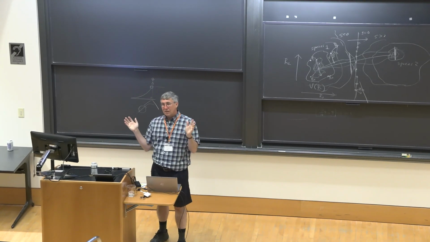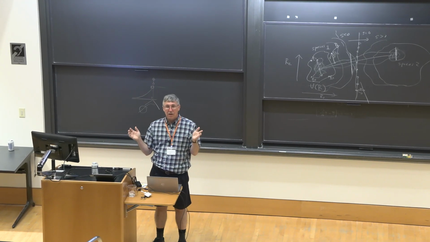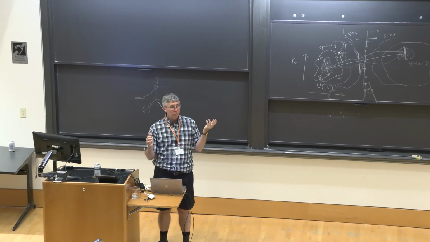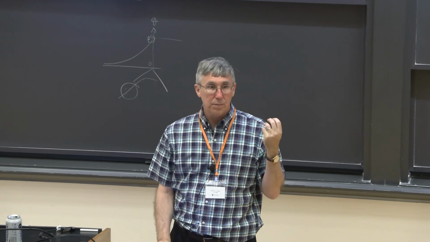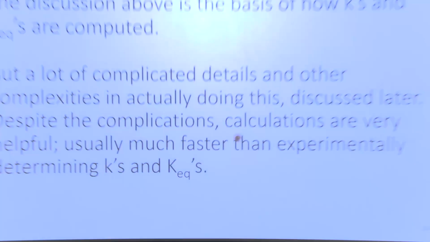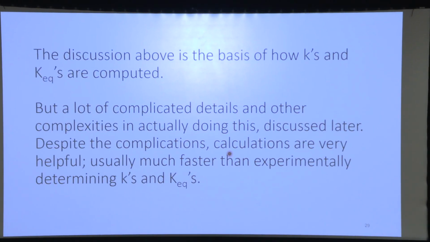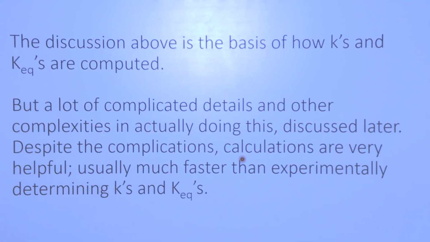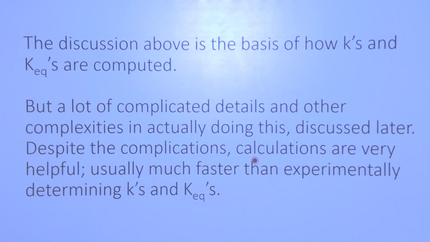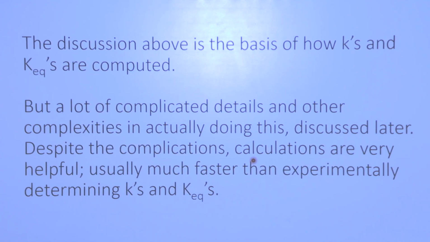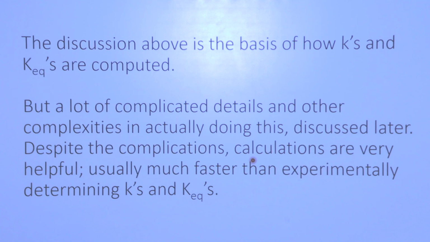Despite all that, they still turn out to be similar enough to the real reactions that the numbers you get are pretty close to what you actually measure experimentally. And you can do the calculations for small molecules really fast, often faster than you could even order the chemicals from Sigma Aldrich and get them to come to your place. You could do it yourself and figure out the calculation. So it's very beneficial that you can calculate them.